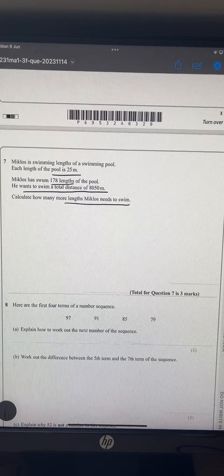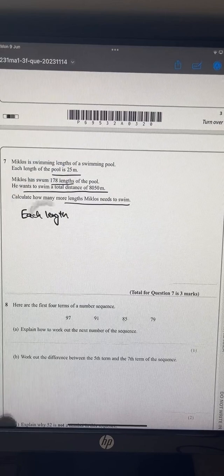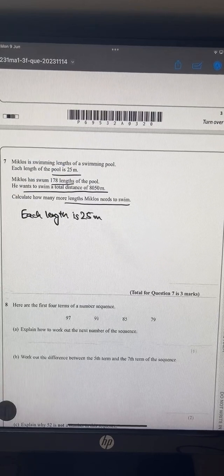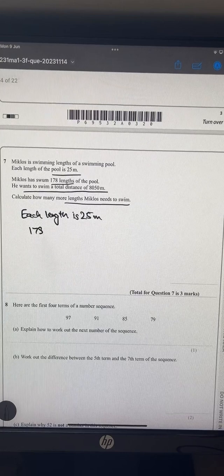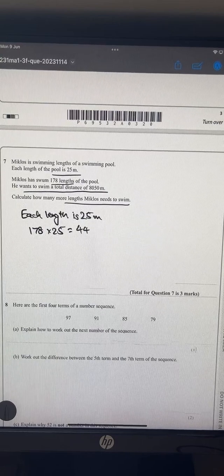So he has swum 178 lengths, and each length is 25 meters, right? So how many meters has he swum? Well, he swum 178 times 25, and that is equal to 4,450 meters so far.